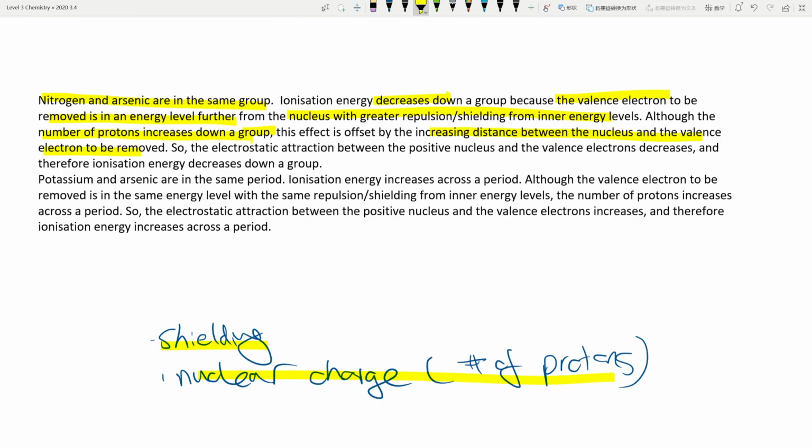But if you compare potassium and arsenic in the same period, ionization energy increases across the period, because the electrons are removed from the same energy level, so the same amount of repulsion, but the number of protons increases. So there's a stronger force of attraction from the nucleus, therefore it is harder for the valence electrons to escape. Very standard sort of questions.